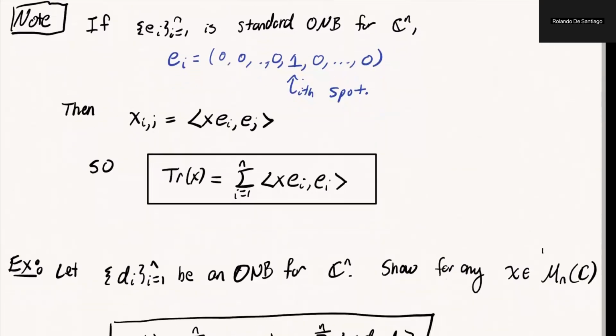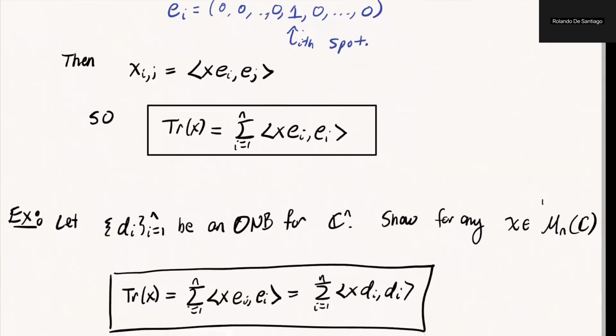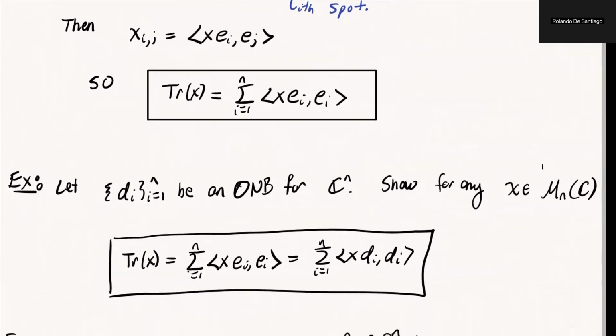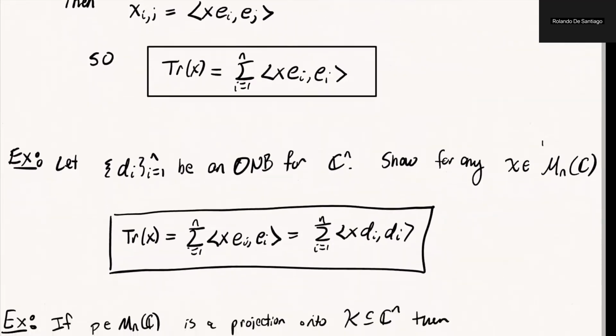And it's an exercise in linear algebra to show that if you pick a different orthonormal basis, one that's not the standard basis, you still get the same result. The trace doesn't really care what basis you are using. You can compute it in any way, shape, or form. So this is a calculation that you should be able to work out.